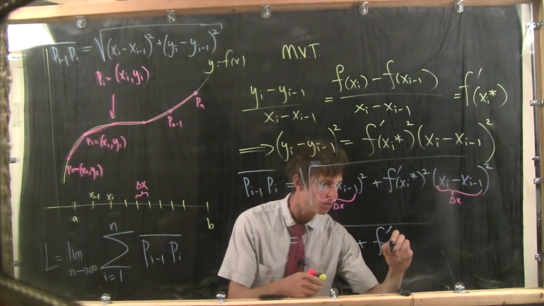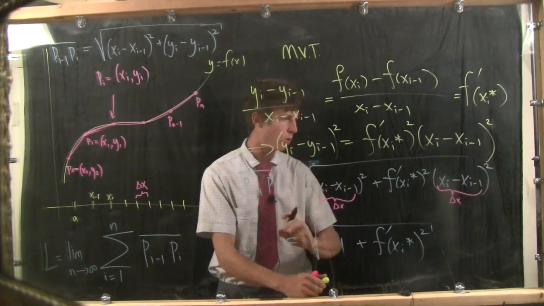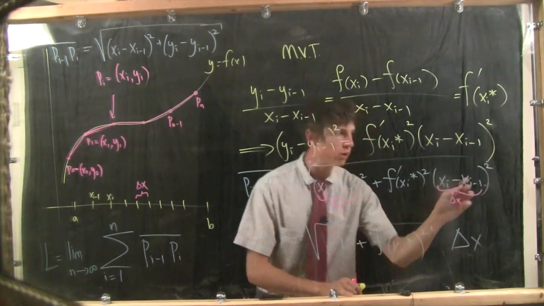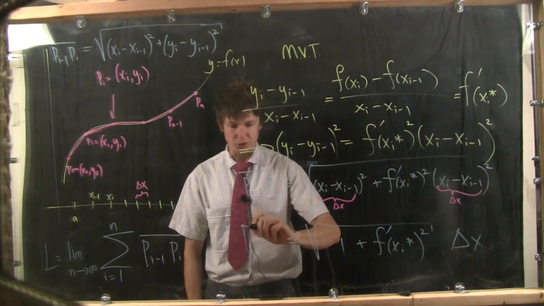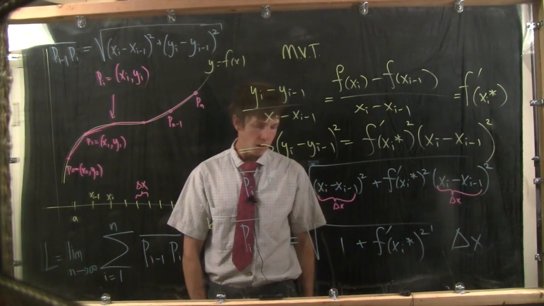And now we pull out this delta x. When you pull it out of the square root, it loses a square. So this right here is our formula for the length from Pi minus 1 to Pi. All right, let me erase.